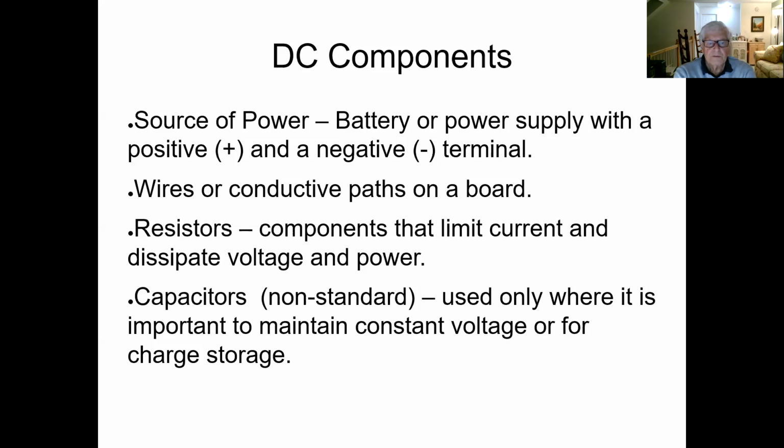And then a capacitor, but that's a non-standard component in a DC circuit. It is used where we need to maintain a constant voltage or to actually maintain a charge.